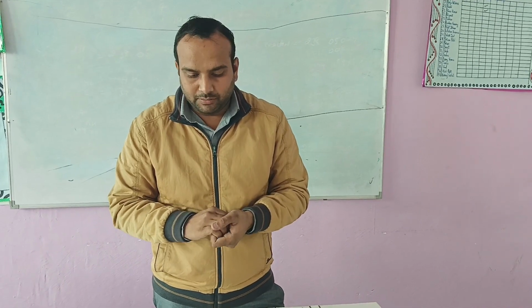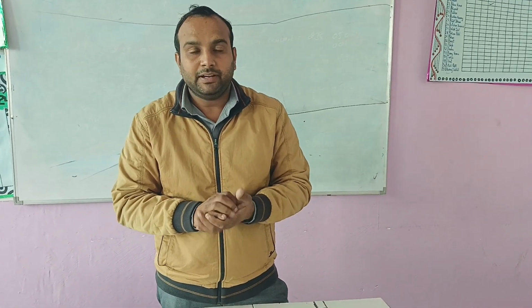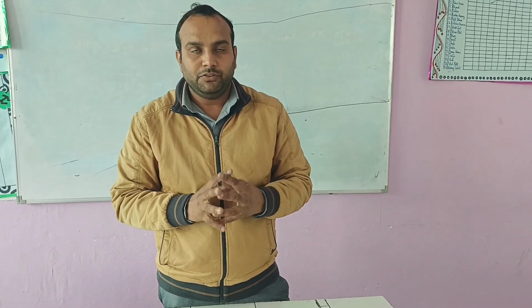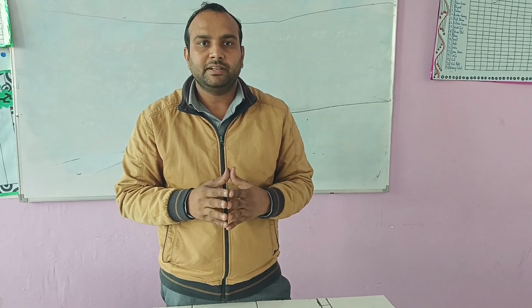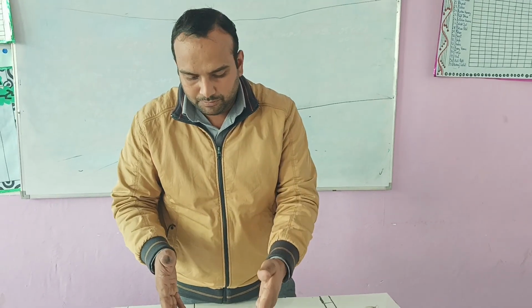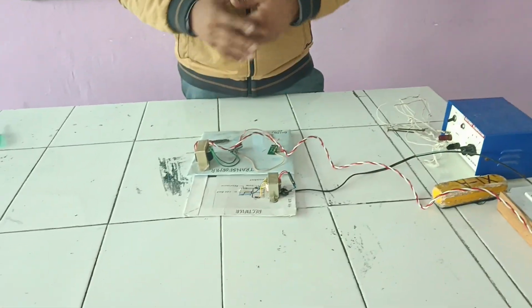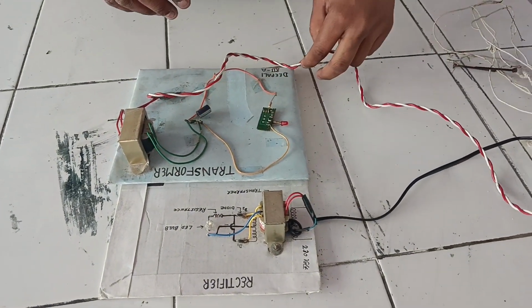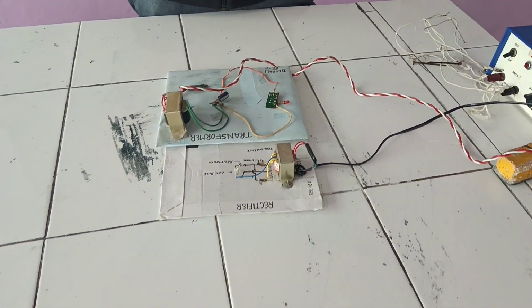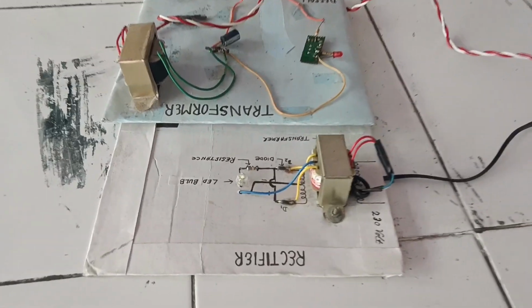Now I am going to demonstrate rectifiers. As we all know, a rectifier converts AC current into DC current. So we have prepared this model, this activity, from which the learners can easily understand the working of a rectifier.